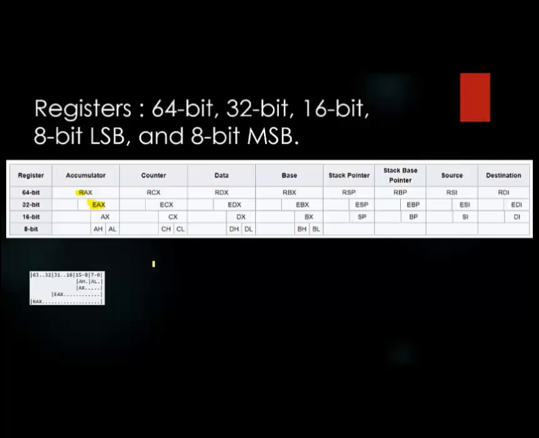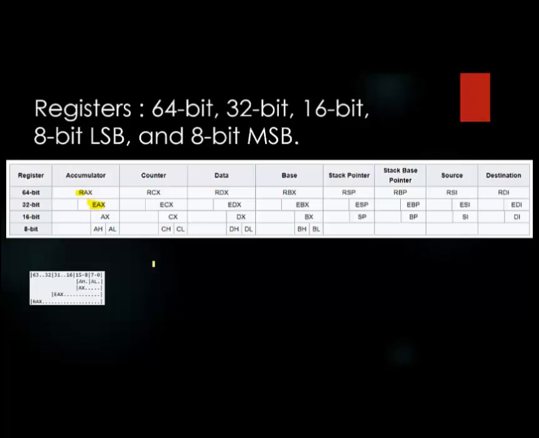For example, CL is the least significant byte of the count register, whereas CH is the MSB, most significant byte. In total, this gives us 5 ways to access the accumulator, counter, data and base registers: 64-bit, 32-bit, 16-bit, 8-bit LSB and 8-bit MSB.